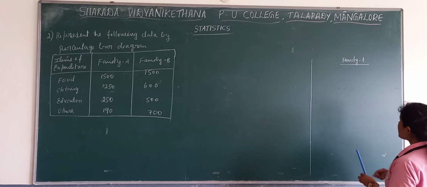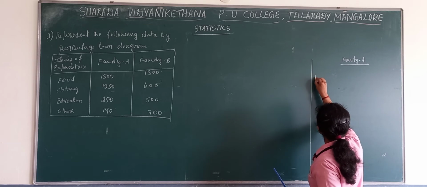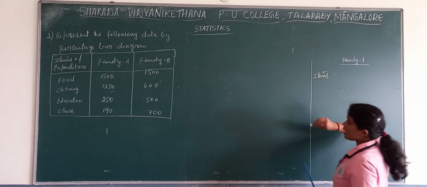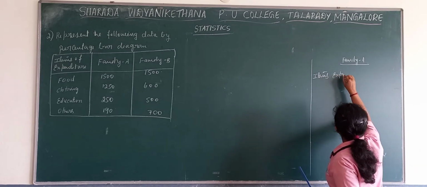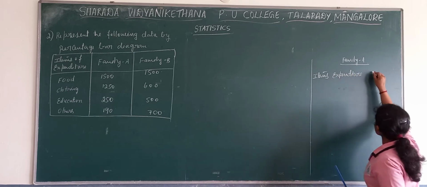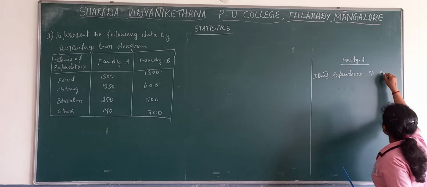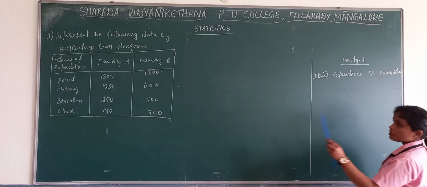Now we prepare the table. Here first we will write items. We go with family A: items, then expenditure, then percentage, then cumulative. Which are the different items?